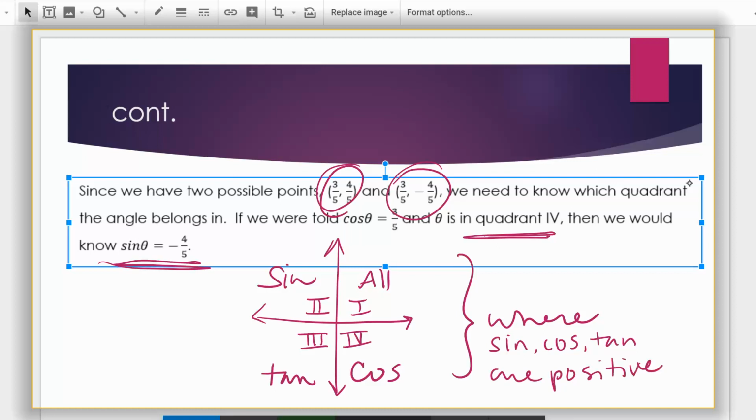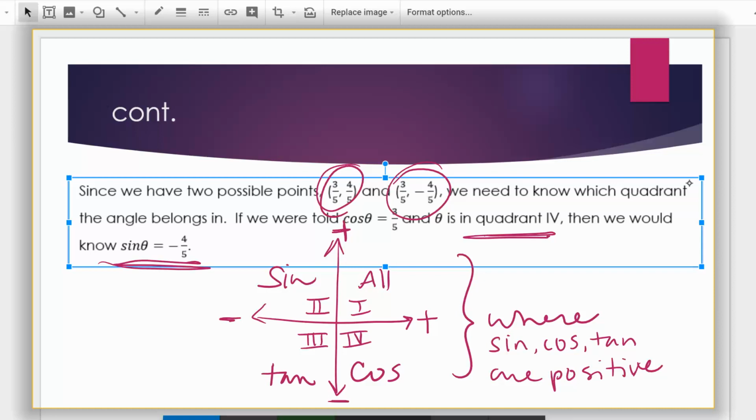Okay, it's a V. Now, this makes sense because if sine and cosine represent the points on the unit circle, and they also represent x and y, then this is positive for x. This is positive for y. Negative for x, negative for y.